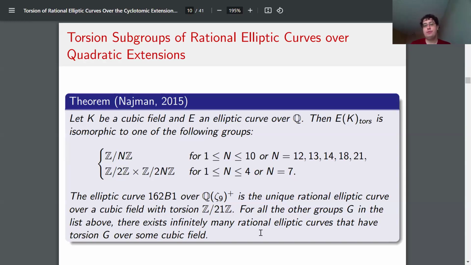Sometimes some torsion groups appear only over finitely many elliptic curves. And it is for a reason, because one of the important methods used in torsion research is modular curves, and we look at the modular curves and their rational points. Sometimes the modular curves, if they have genus 0, can have infinitely many points.